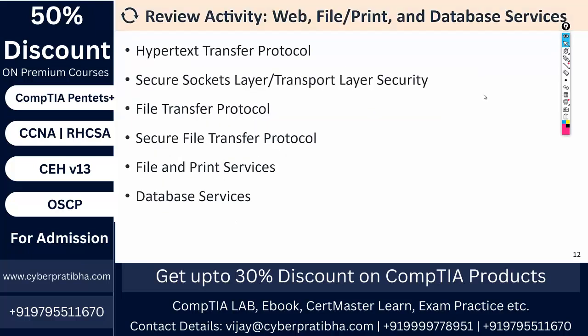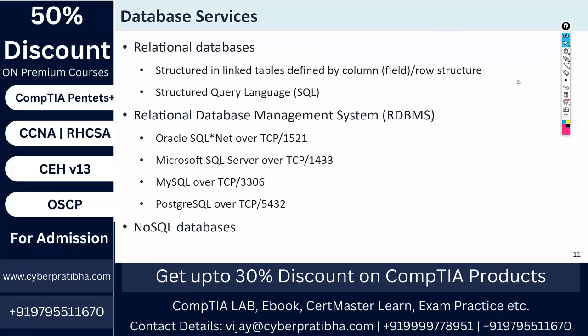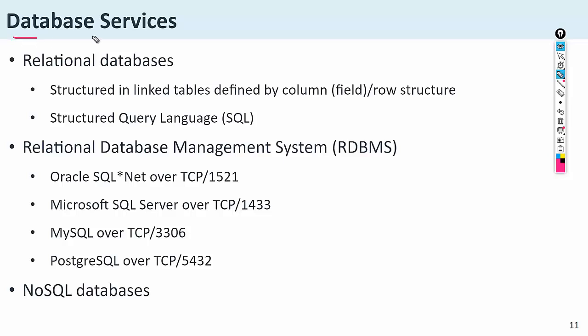Okay. There is one more type of service. It is called database service. All of you know, database service uses SQL, Structured Query Language, which is actually in table format.